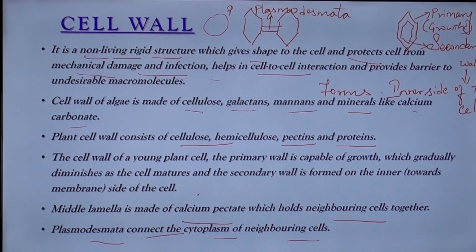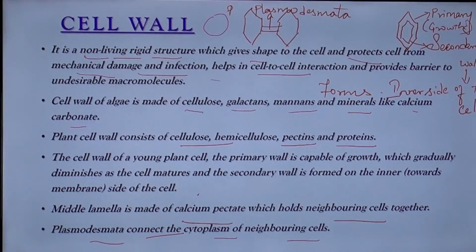So this is the cell wall. The cell wall is a non-living rigid structure, and it gives shape to the cell, and it protects the cell from mechanical damage and infection, and helps in cell to cell interaction by providing some barriers.